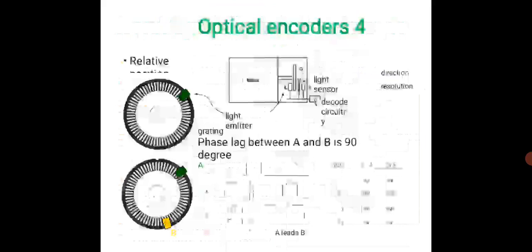From this you can detect both the direction as well as the resolution. These are the possible states: A and B give four different states defined, S1, S2, S3, S4, with the combinations of A and B being high-low, high-high, low-high, and low-low respectively.